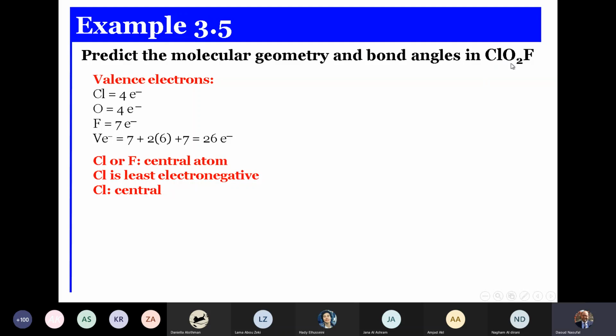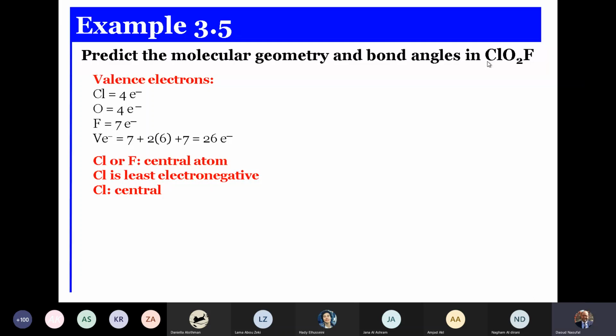But since we have two oxygens in this exercise, the central should be, by theory, oxygen, since oxygen is less electronegative. But the exercise gave me a notation that the oxygen is not the central atom. So the central atom is Cl or F. And since Cl is less electronegative than F, the Cl is the central.